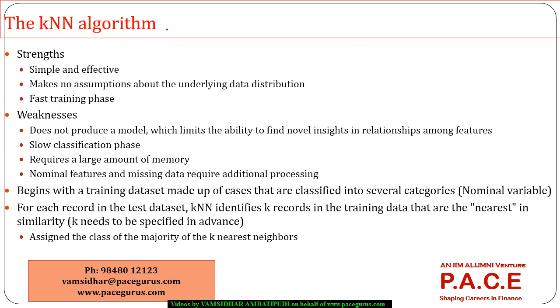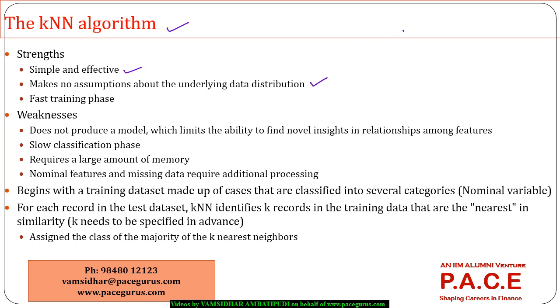So coming to the KNN algorithm, we need to talk about the strengths as well as the weaknesses. One, it is very simple and very effective. This is one kind of algorithm which does not make any assumption regarding the distribution of the data.